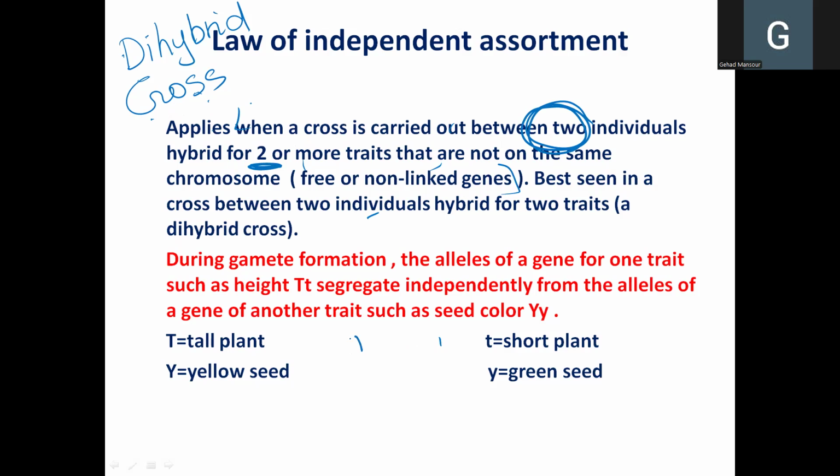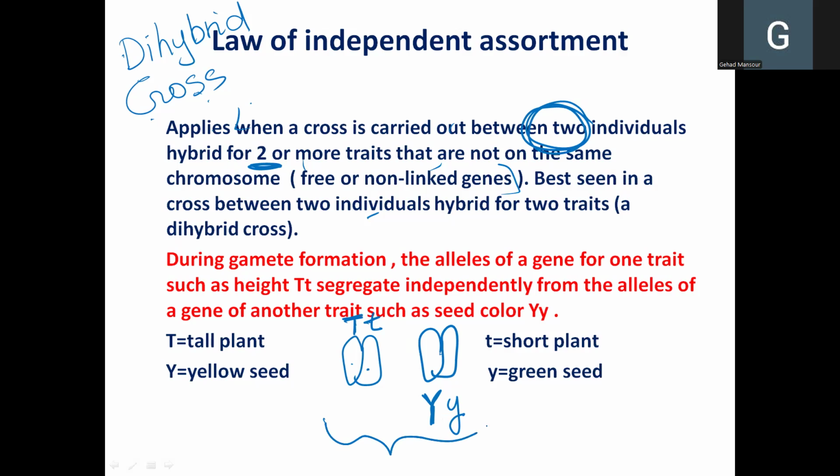For example, here we have tall plants, T capital, T small. So the plant is hybrid for the first characteristic, which is the height, and then having yellow seeds. So there is a Y capital for yellow and a Y small for the recessive characteristic, which is a green seed.